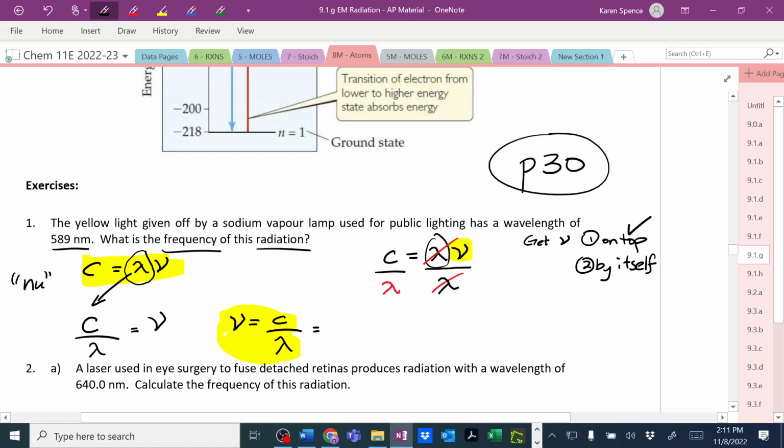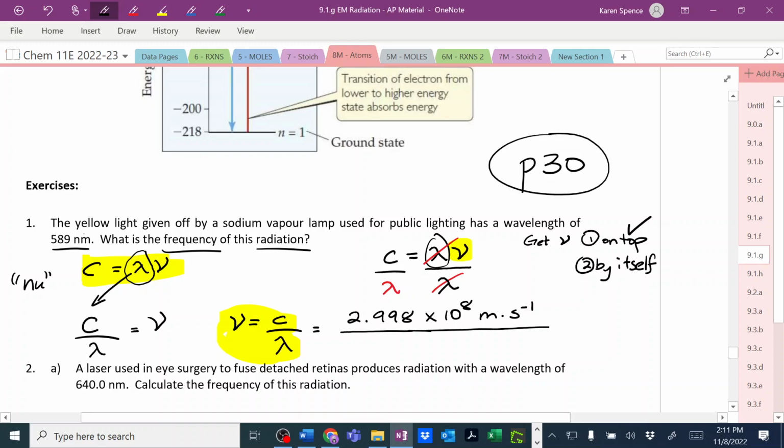So now we have c, which is 2.998 times 10 to the 8, and our unit is meters per second. I'm going to write it like this just to get you used to it, okay? And then we have that divided by 589 nanometers.